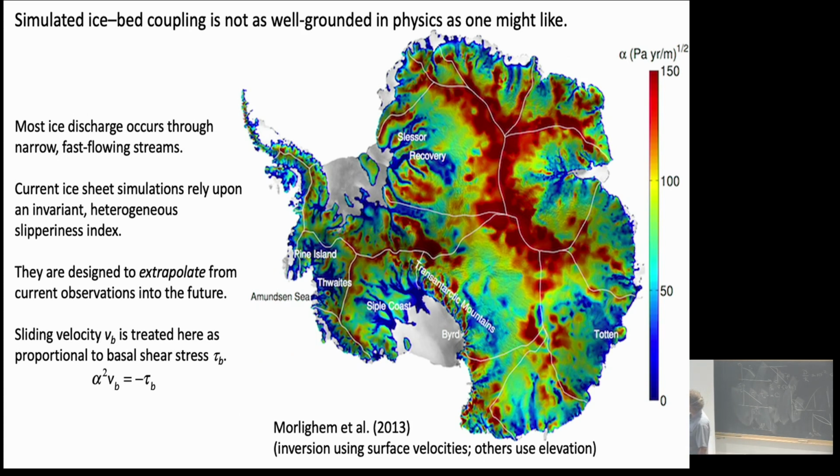Well, the ice bed coupling's not super well grounded in physics, certainly not as much as you would like. This is an example of a map of this alpha parameter here, which is a slipperiness index.